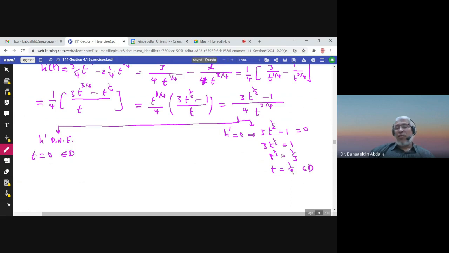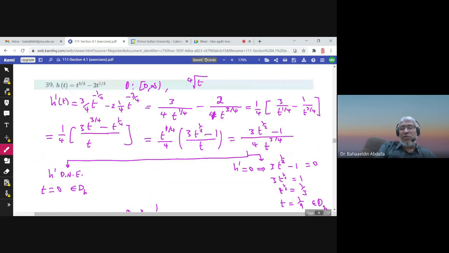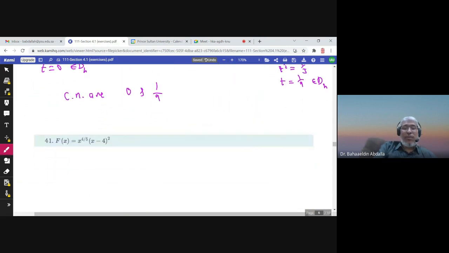And 1 over 9 belongs to the domain of h. So there are two critical numbers of this function, 0 and 1 over 9. So sometimes you need to work hard to find the critical numbers.